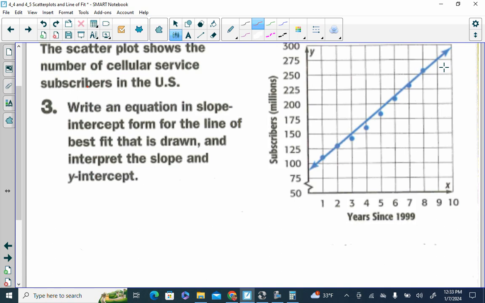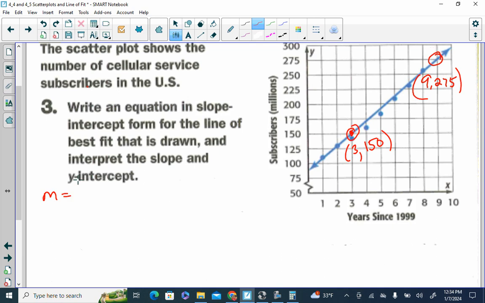It looks like this would be a good point here, which would be 9 and 275. Right, that point looks like it's right on the line. And I want to find another point right on the line, and it looks like this point here is good. That's 3 and 150. So we're going to use those 2 points to write our equation.